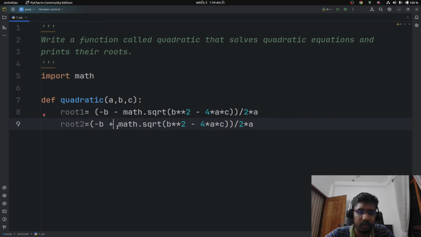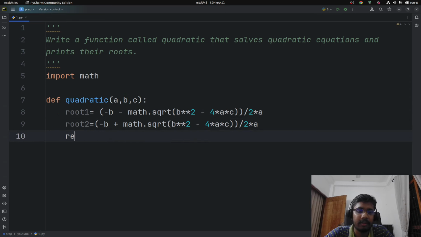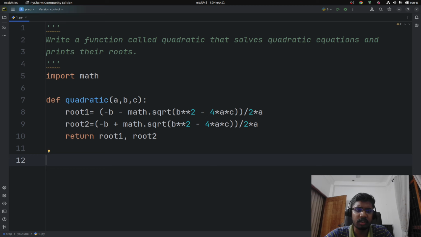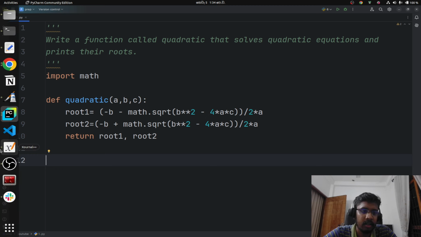Okay, so this is the square root part, b squared minus 4ac, square root of that. You add it to minus b and then divide the whole thing by 2a, and for the other root it's simply subtracting it from minus b and then dividing it by 2a, and then we can simply say return root 1, root 2.